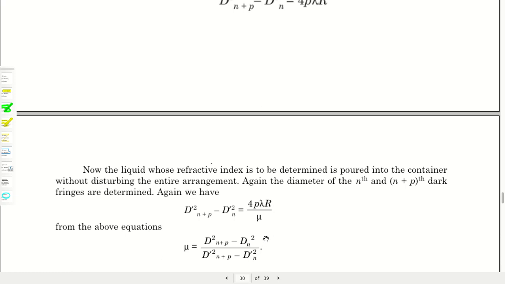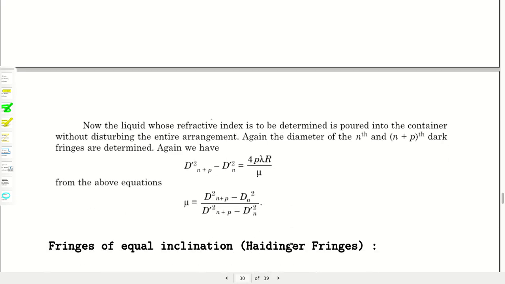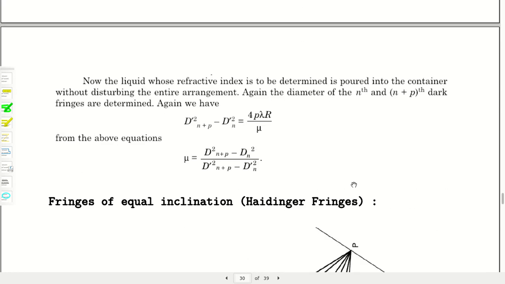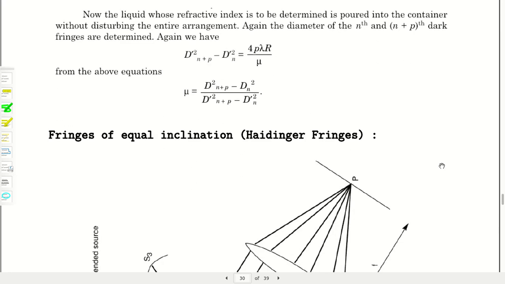The air case is calculated first, and the travelling microscope will calculate all the D's. Now one thing you should keep constant is the number of dark fringes which are shifted, that is p, because p is cancelled over here. So p is kept constant here, and mu can be determined by this formula.